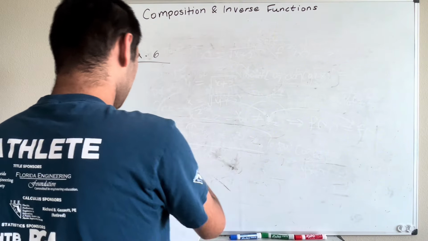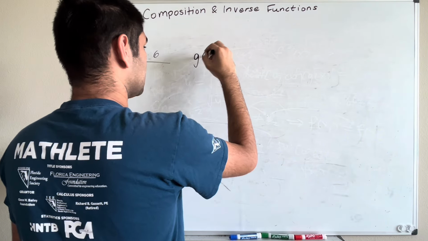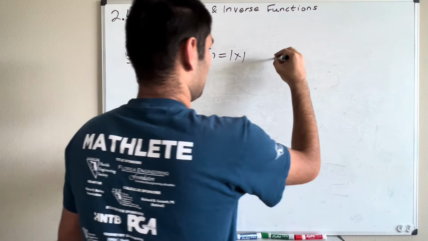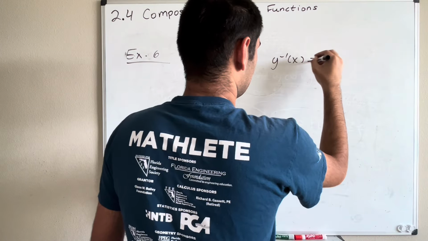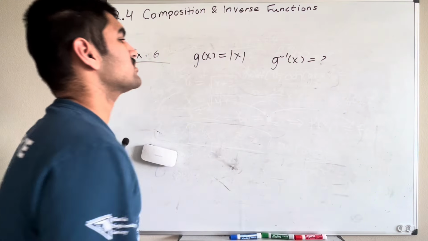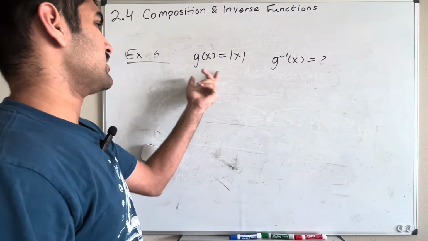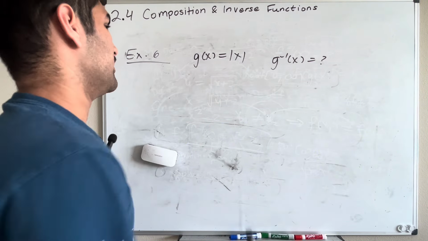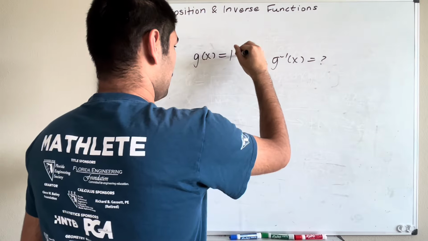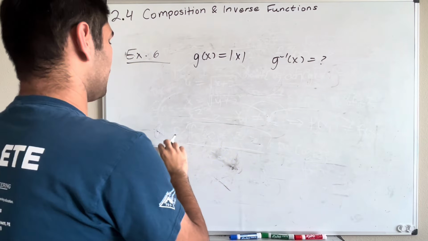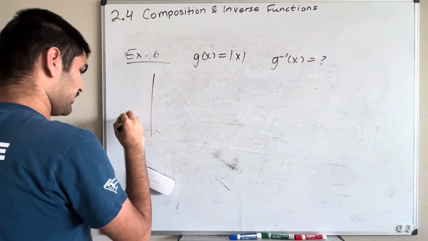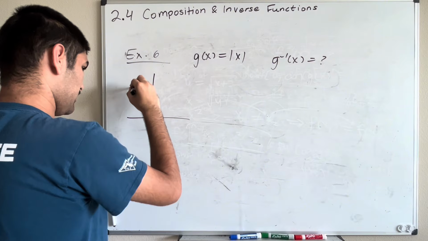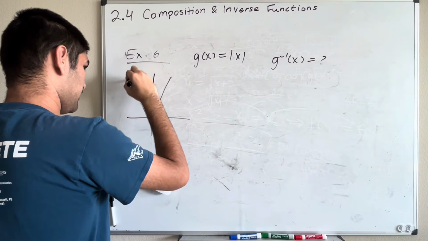So let's say I gave you g of x equals absolute value of x, and I want you to find g inverse. So the first thing we have to ask ourselves is, g of x equals absolute value of x, is that 1 to 1? It's not, right? Because if we look at the graph of absolute value, it's a V-shaped graph.